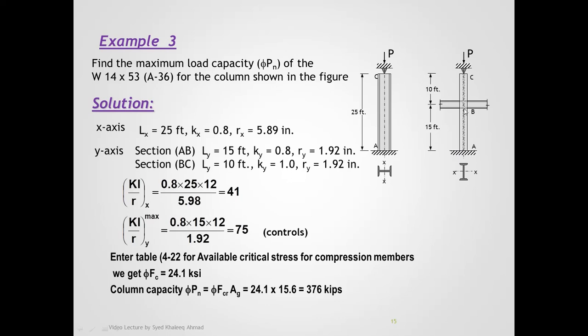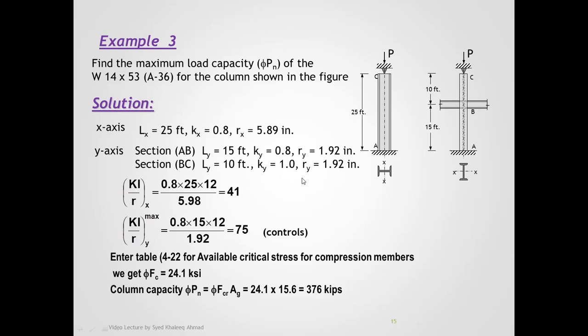For AB, one end is fixed and the other is pinned, so we get 15 foot, but Ky will be equal to 0.8 in this case. For BC, this is pinned and this is also pinned, so we have 10 into 1.